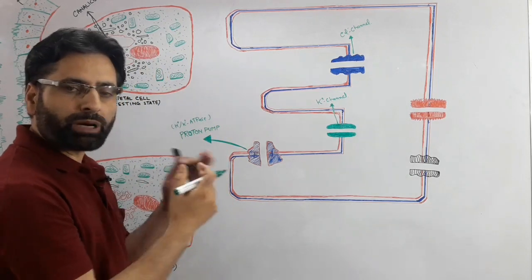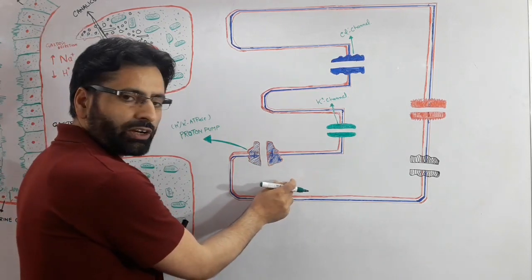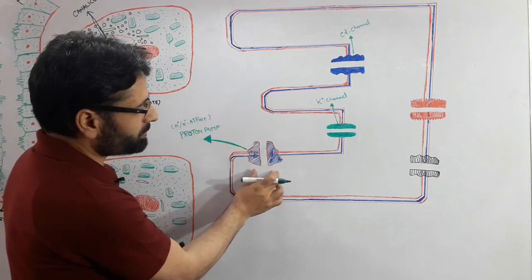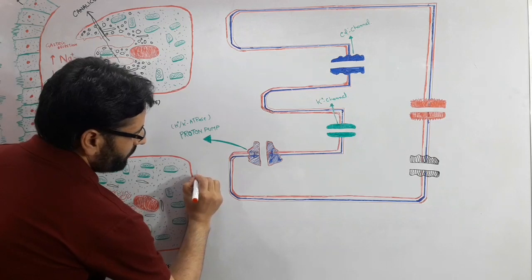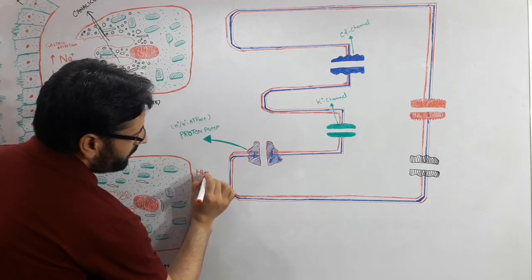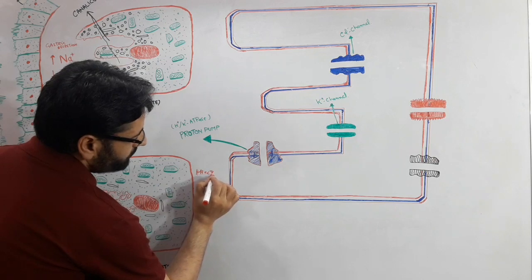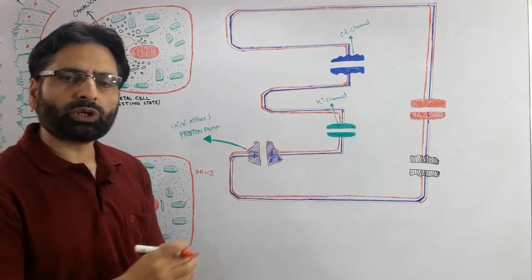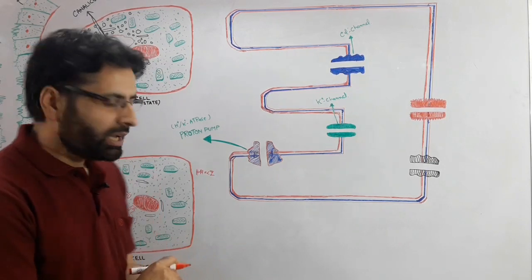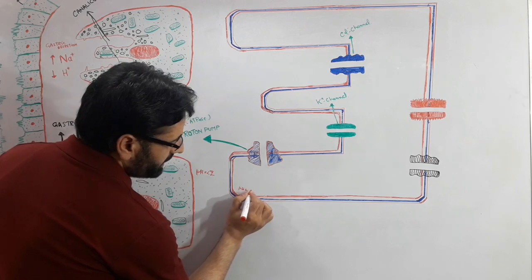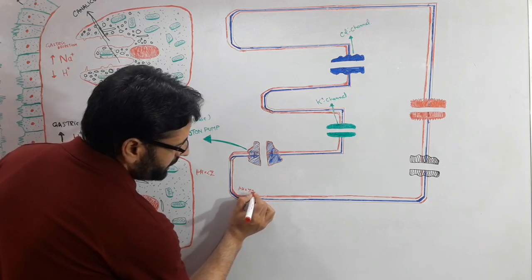Now let us first try to understand how the proton is released into the luminal side. The proton is pumped from inside of the cell towards the luminal side by this proton pump. On the luminal side, we have a pH equal to or less than 2, that is, approximately 2 or less. But the pH in the cytoplasm of this parietal cell is around 7.2.